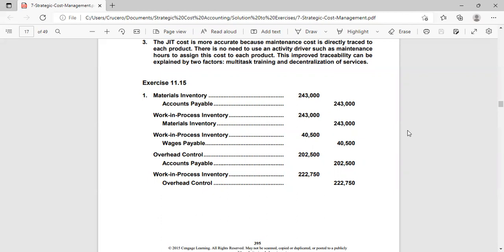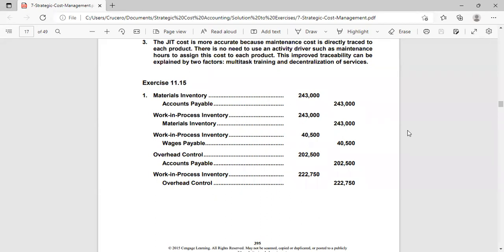The actual overhead cost is 202,500. There were no beginning or ending inventories. All goods produced were sold with a 60% markup, and variance is closed to cost of goods sold, and the variances are recognized monthly. Prepare the journal entries that would have been made using the traditional approach.